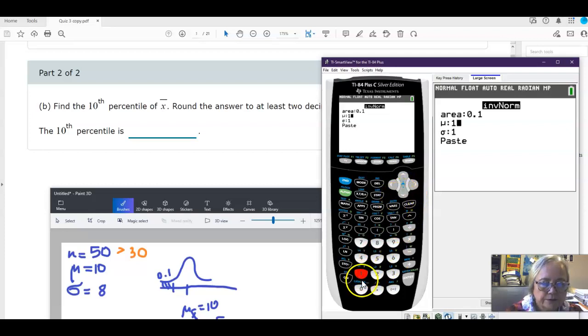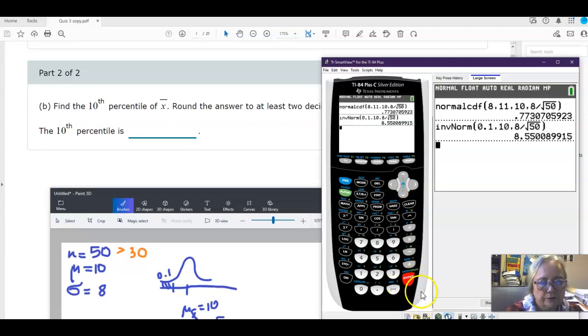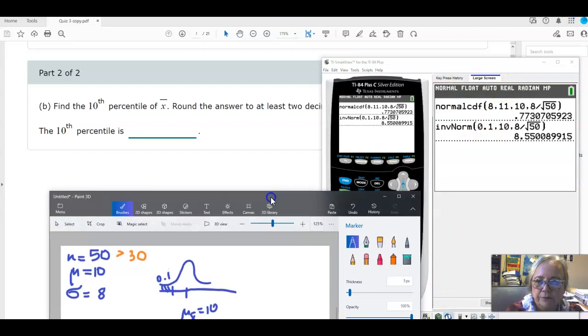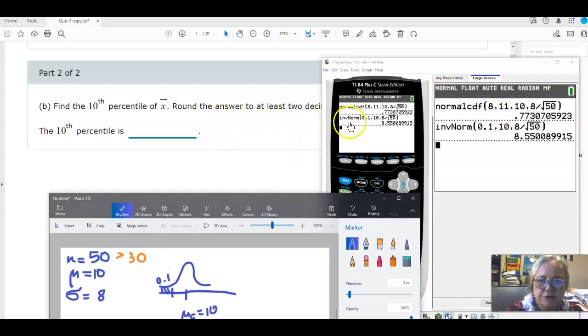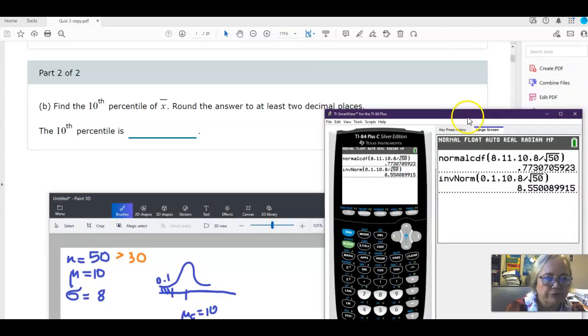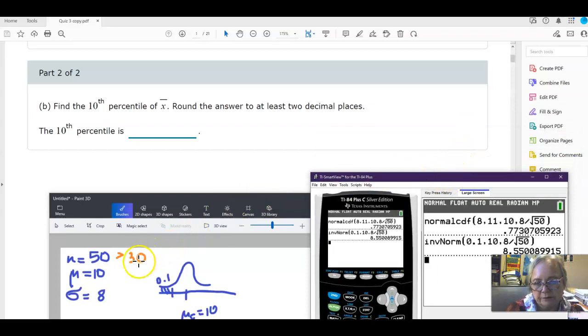So mu is 10, and sigma again we need to enter as a quotient, 8 divided by square root of 50. Let's calculate this, and we need to read how many decimal places, at least 2, so it will be 8.55. So 8.55 is the 10th percentile. So if we had x bar equals 8.55, it would separate the lower 10% from the upper 90%.